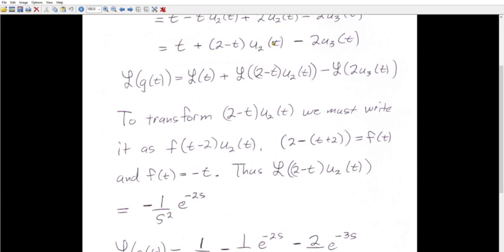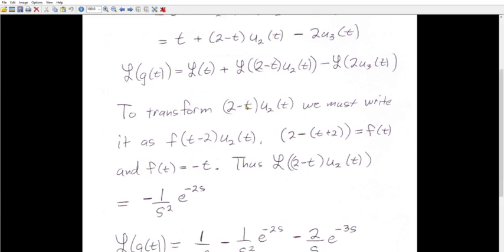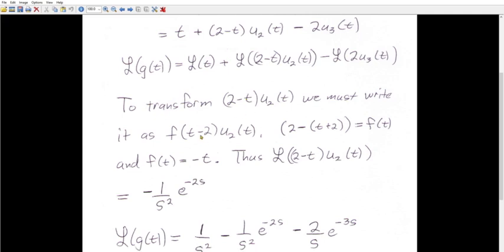Now, as you'll recall, what we want to do is figure out how to write this function 2 minus t as a function of t minus 2. And remember, the trick here is to go in and look at this function and put in a t plus 2 every place you see a t.